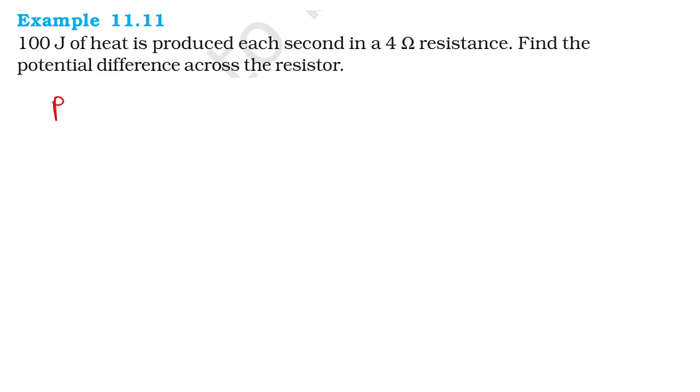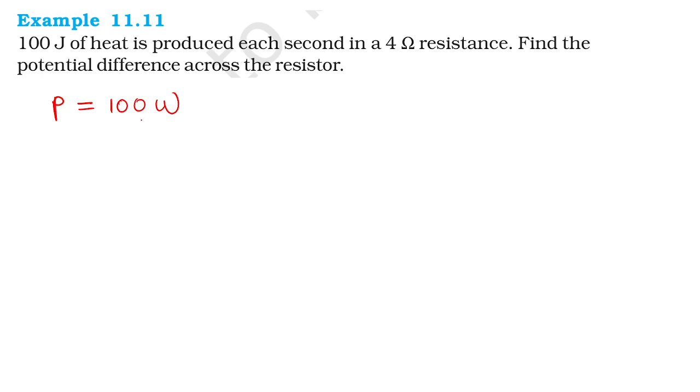That is watt actually. 100 watts. Clear? That is the meaning of power. 100 joules of heat energy is developed in 1 second. So what is the power of that electric device? The power will be 100 watt. 100 watt means in 1 second 100 joules of heat energy is produced.